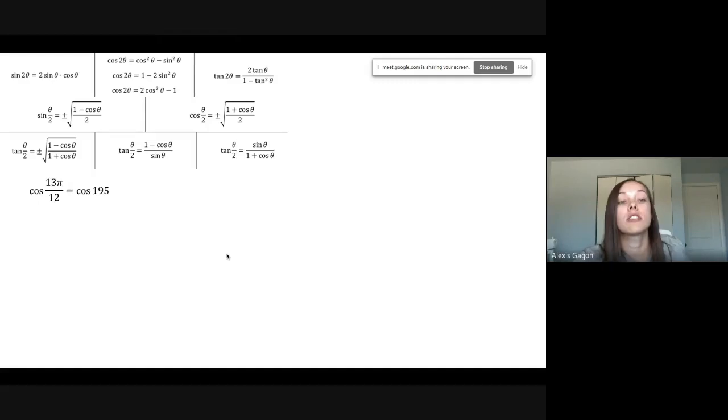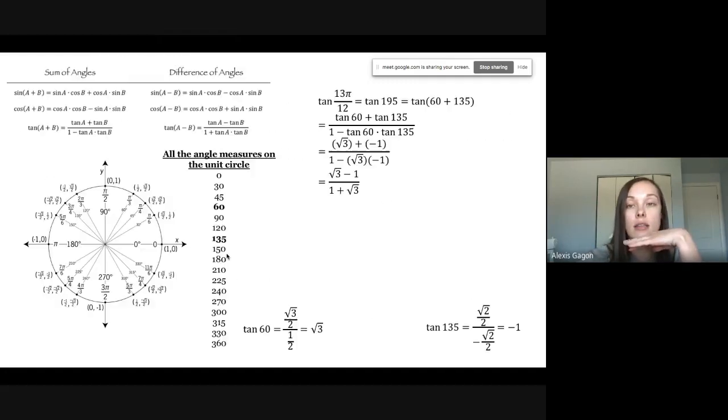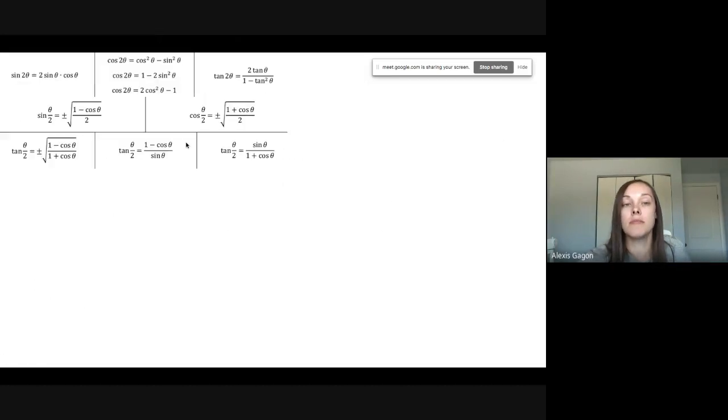Okay, which here, honestly, you could do this the same way that we just did this one. If you wanted to use the sum and difference, you will get the same answer. I'm just going to do it with half angles because it asks to do it with half angles. So let's do this with half angles.